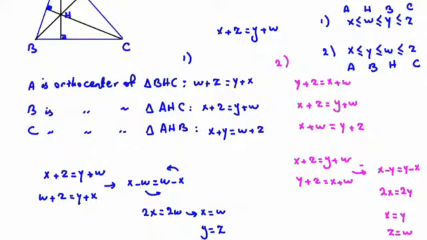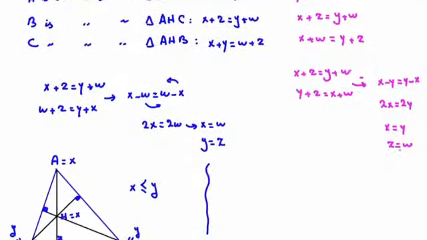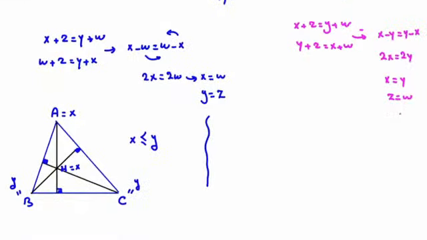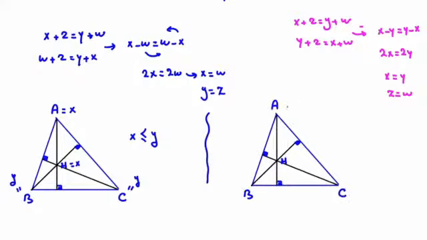And let's see the equations. In this case, X equal to Y, Z equal to W. So if we draw the triangle, here we can say A is X, B is also X, so C is Z, and H is also Z.